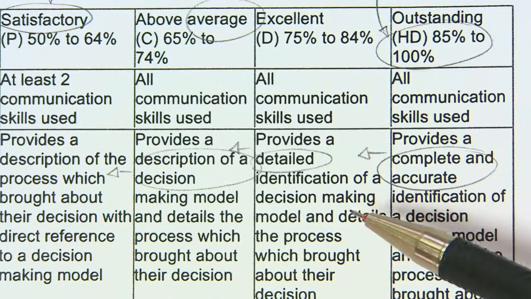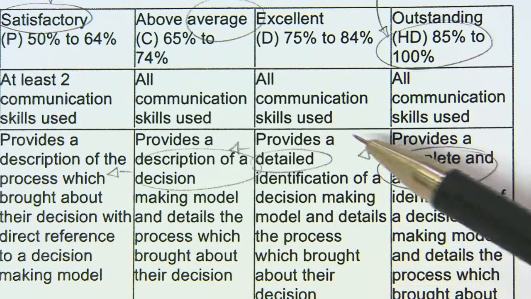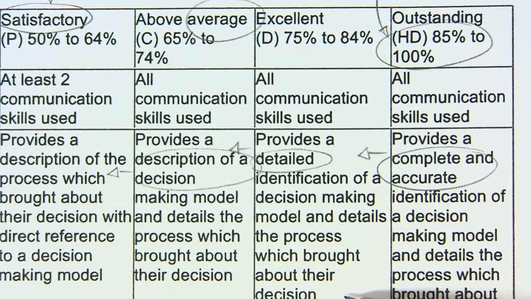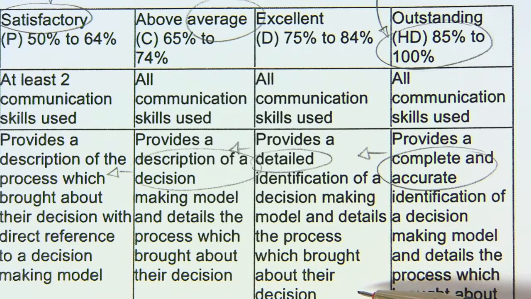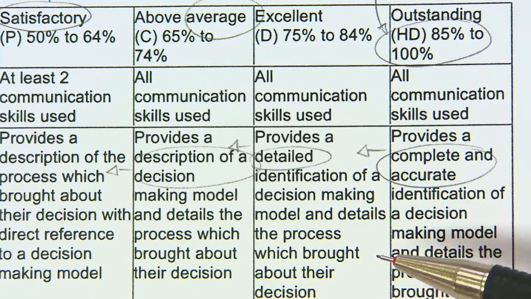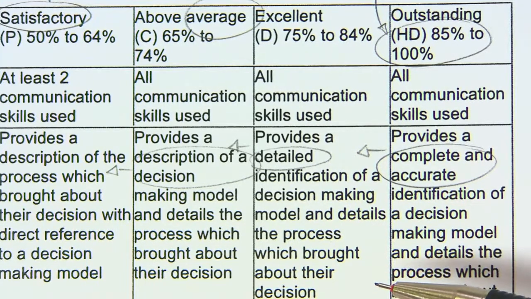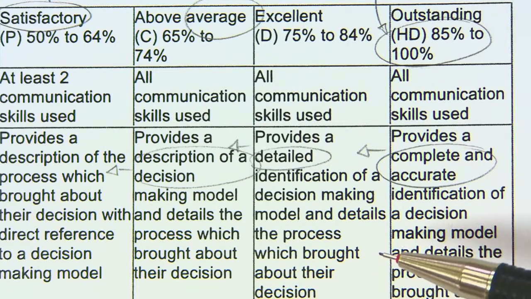So, my suggestion would be in this particular cell here that some sort of statement that tells the student their work isn't completely complete or completely accurate, it actually gives that feedback to the student. So, I would suggest provides a detailed identification of a decision-making model, etc., etc. There are minor omissions or inaccuracies just at the bottom of this, just to give that particular feedback to the student.